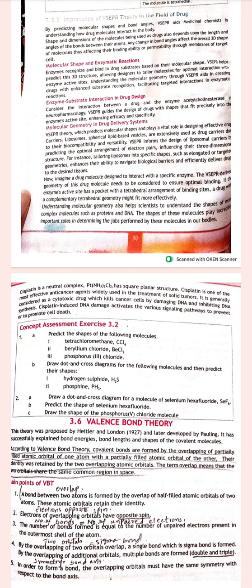Understanding the molecular geometry through VSEPR aids in creating drugs with enhanced substrate recognition, facilitating targeted interactions in enzymatic reactions. So basically we can predict the shape of the molecule and mold that molecule into the shape that is most effective in the body, that can interact with the enzyme's active sites.